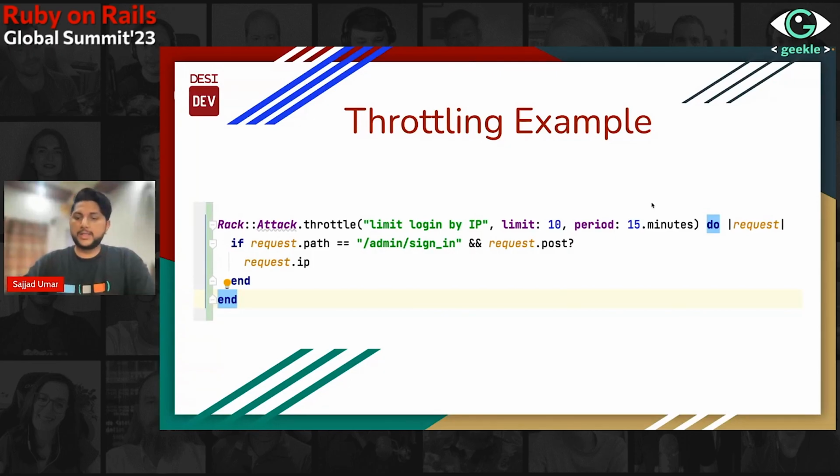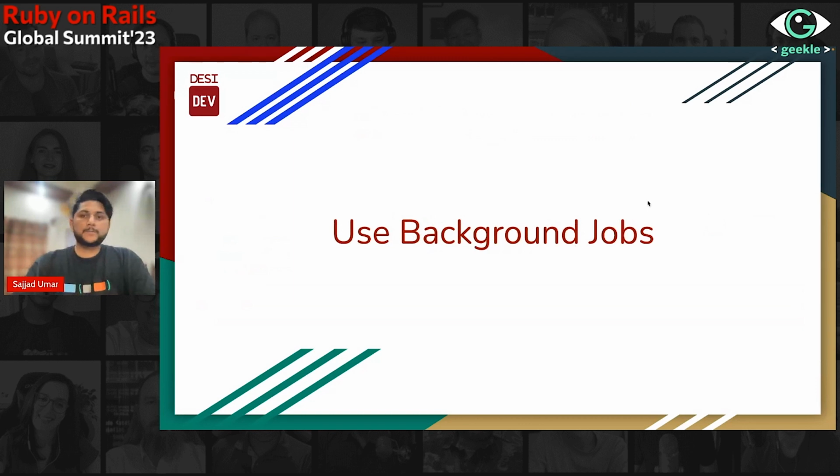The other thing that we can do is use background jobs. Whenever you have expensive tasks that can be long running or that need a lot of processing, like exporting data, maybe processing a payment, or maybe activating a subscription, background jobs are really great for that.